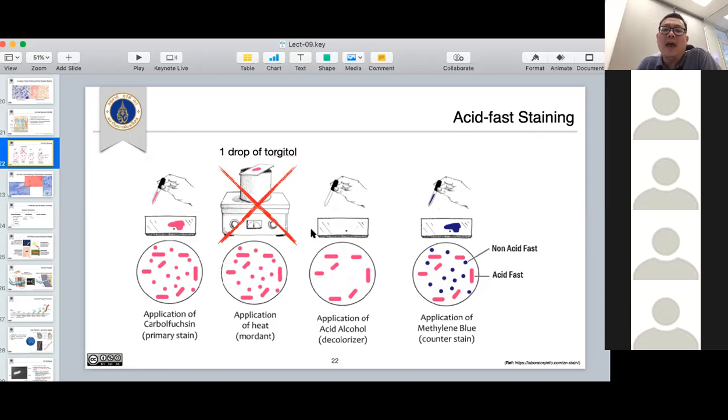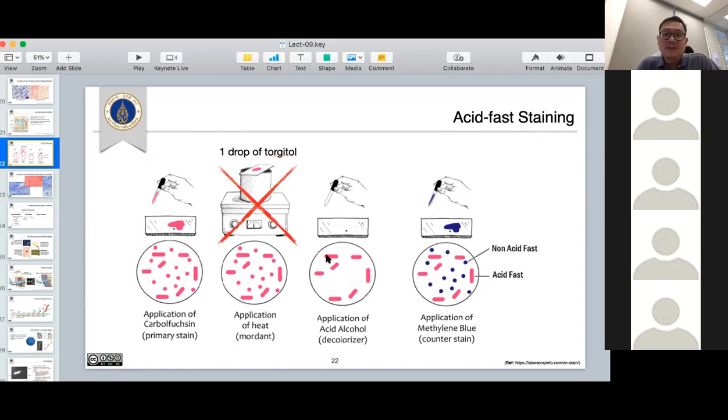And when you put acid, meaning hydrochloric acid, it washes the dye. Every normal bacterium will allow the dye to be washed out, except Mycobacterium. They can keep the dye in the cells. That means they tolerate acid. Once you wash, so yes.